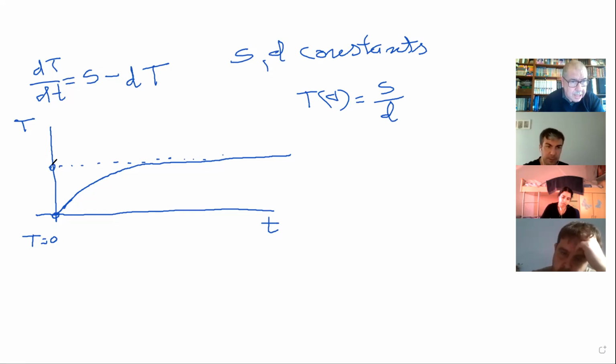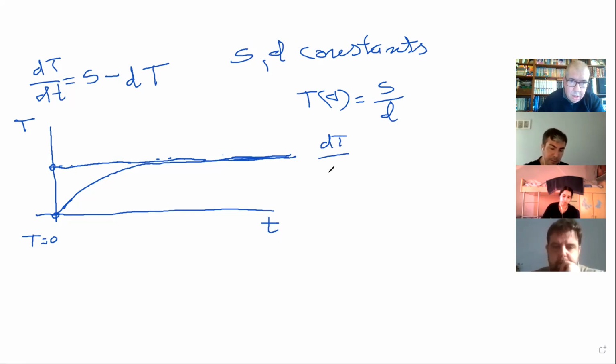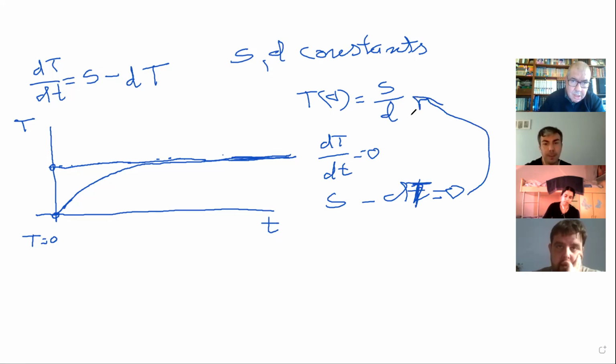So you will stay here. Okay, just solve this equation, dt equal to 0. This means that S minus dt is equal to 0. Sorry, S minus d t is equal to 0. And so you get that.